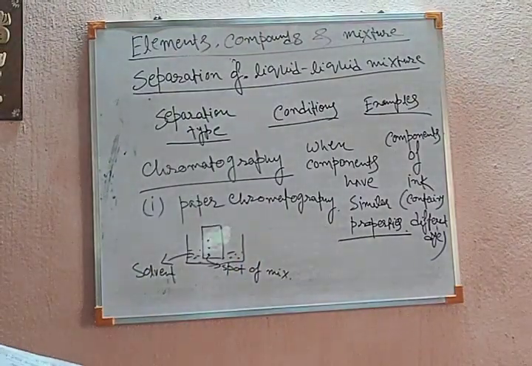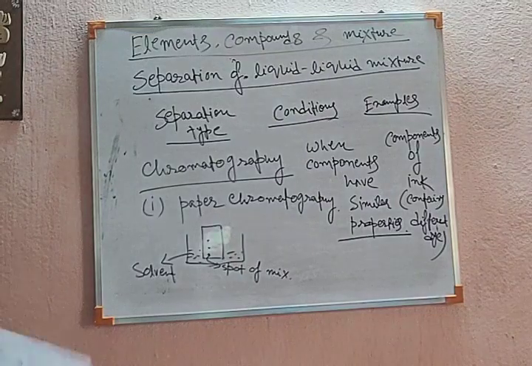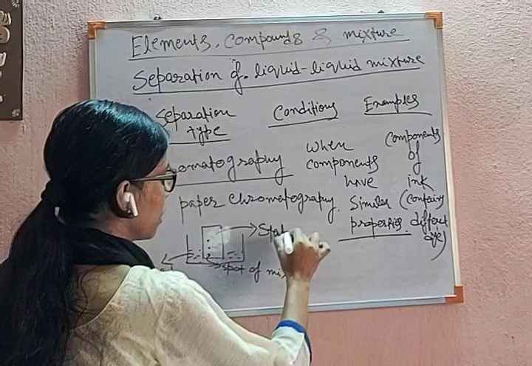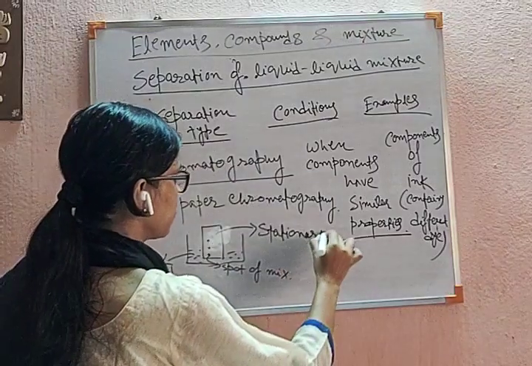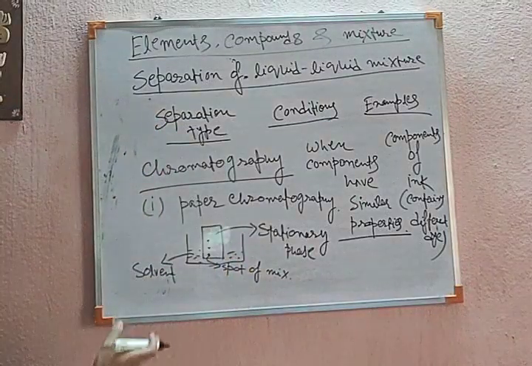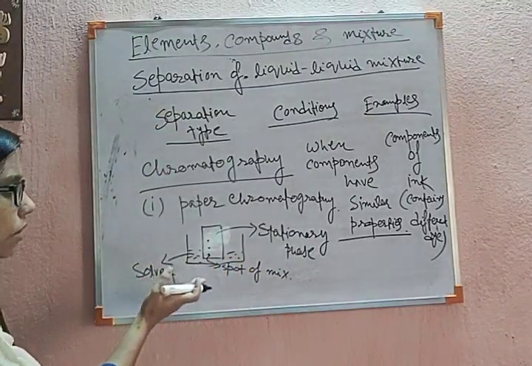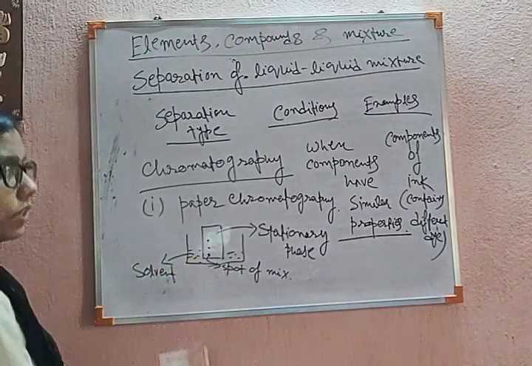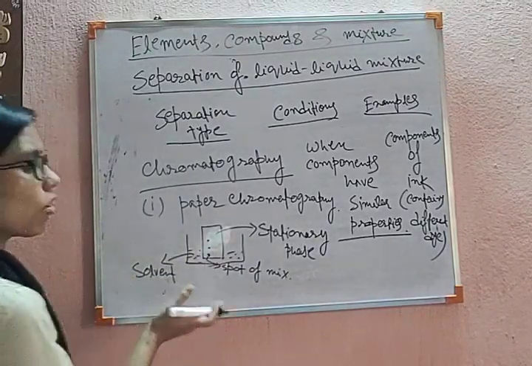This paper is known as the stationary phase, as it is fixed. And what is moving here? The solvent. The solvent is moving upwards, and with the solvent, the liquid mixture is also moving upward.